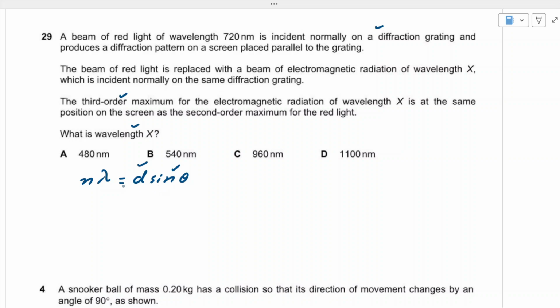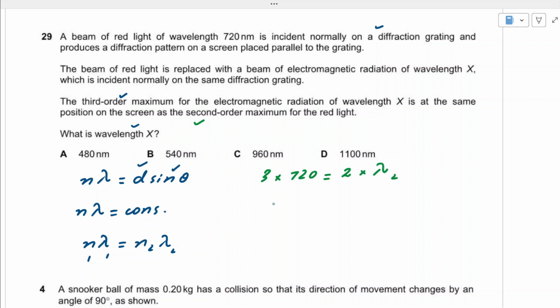So these two things are same, so you can say n lambda equals constant, and if these two values are constant, you can also say n1 lambda 1 equals n2 lambda 2, because the product is constant. Now what is n1? 3. What is lambda 1? 720. What is n2? 2. The second one is the second order. What is now the new wavelength?